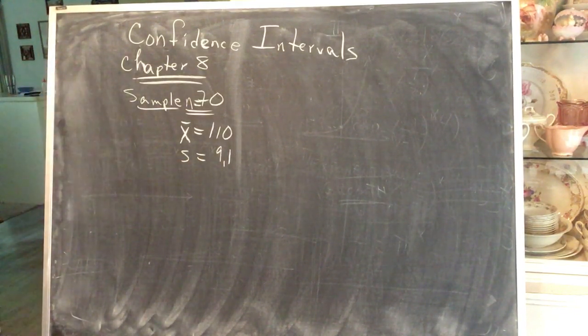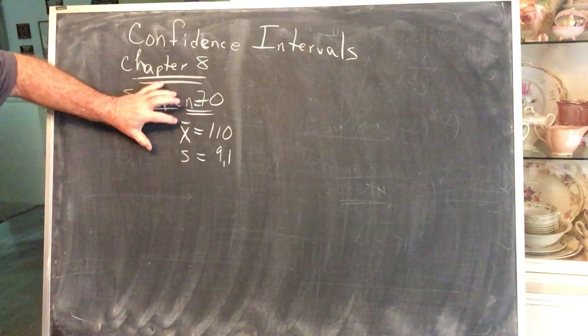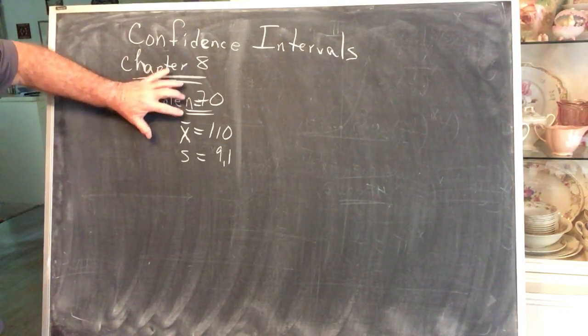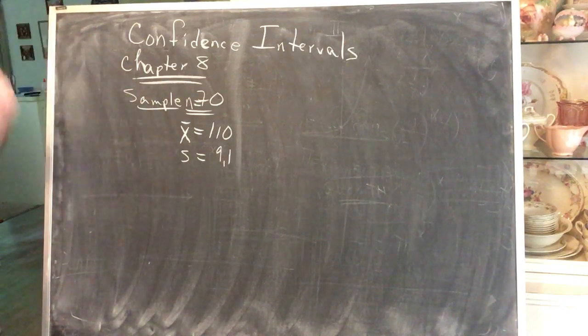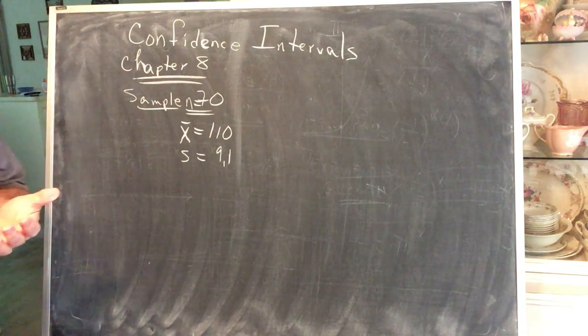Now, the question is, based upon the information we have gleaned from our sample, what kind of information can we glean about the population values based upon the sample values? Well, there ought to be a couple things that are clear.